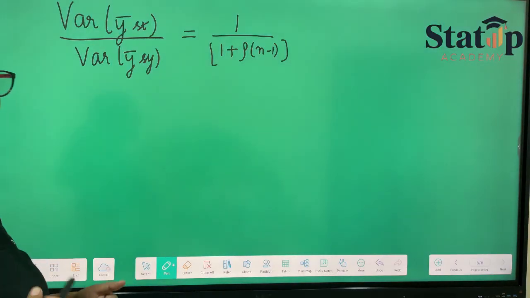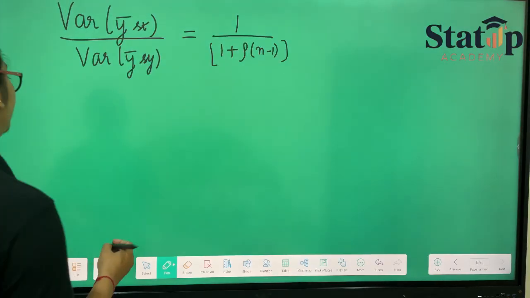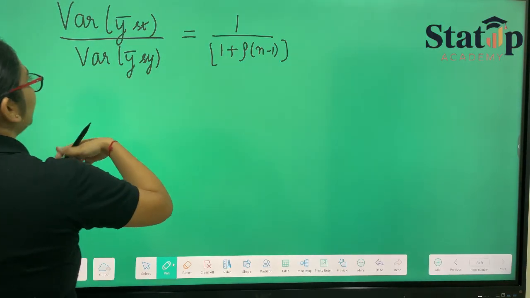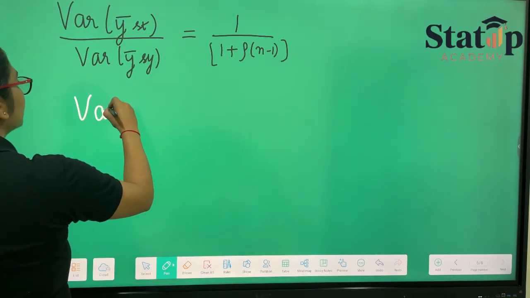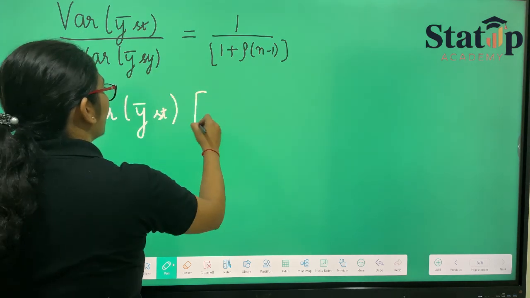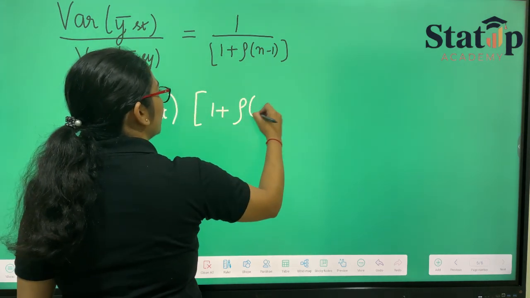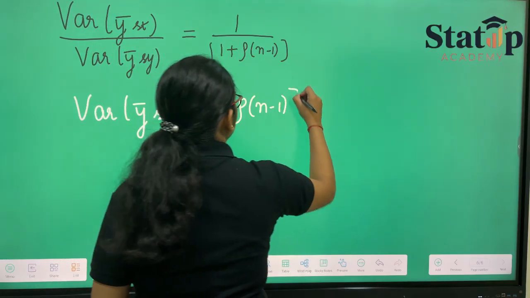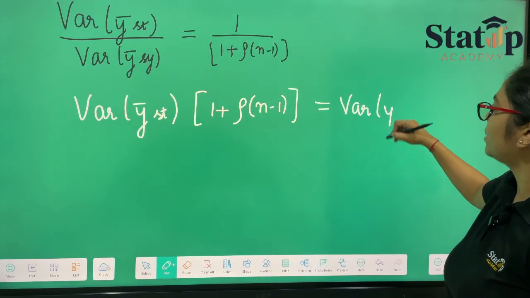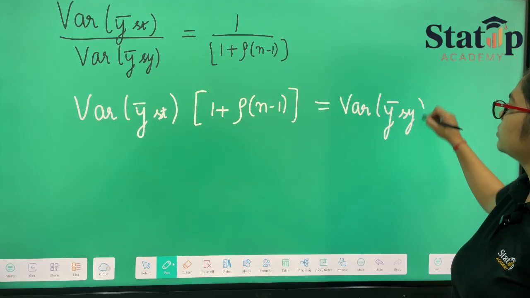Now all of it depends on the value of rho. If rho is greater than 0, suppose we take it as variance of y bar st into 1 plus rho (n minus 1) is equal to variance of y bar systematic.